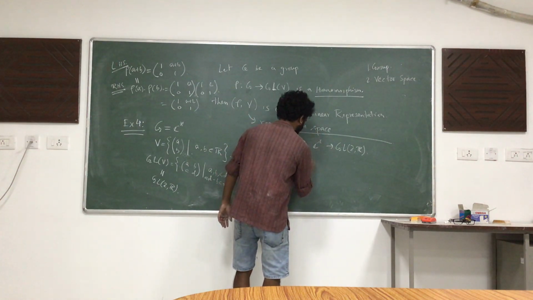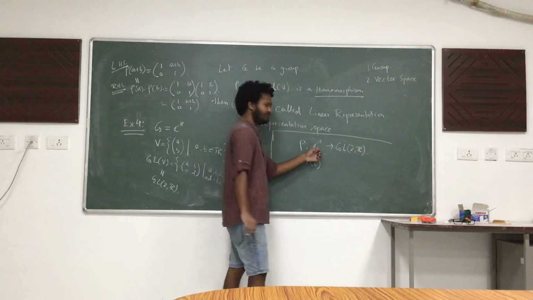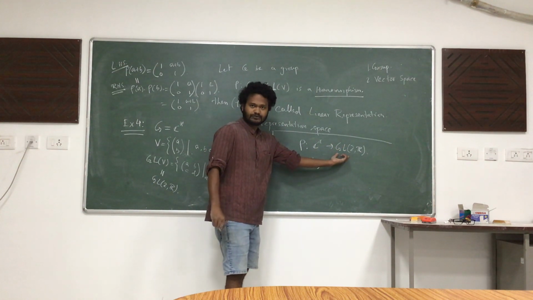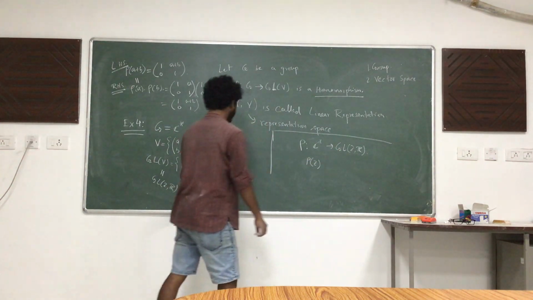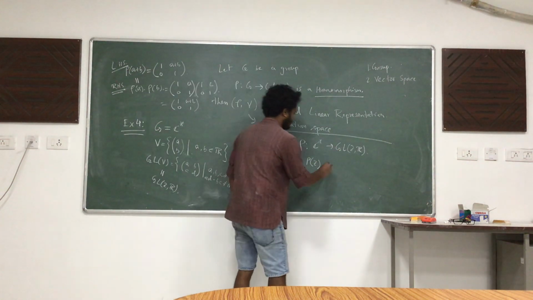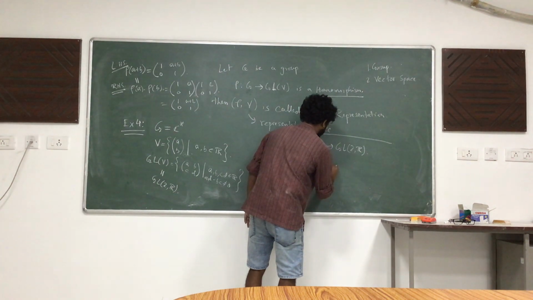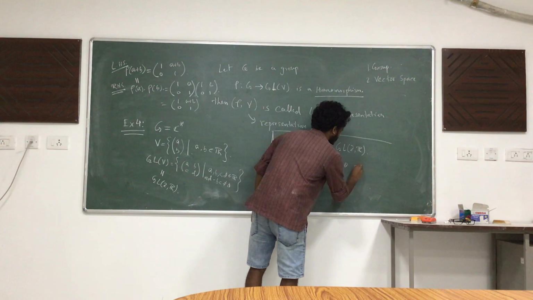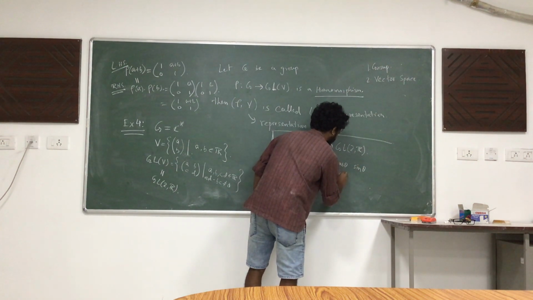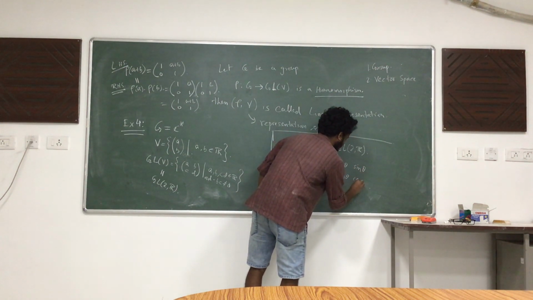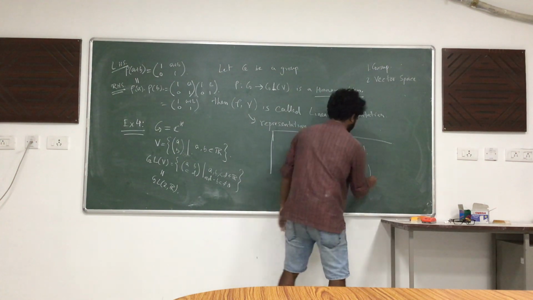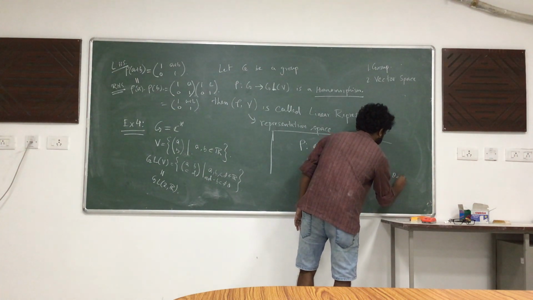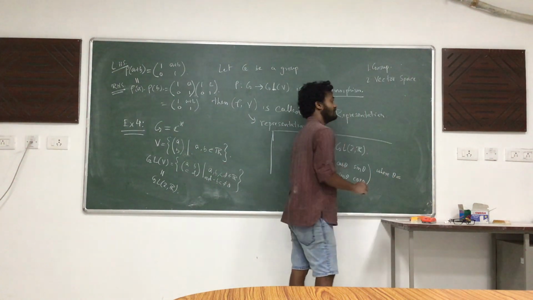The representation will take some number from this and send it to some 2 cross 2 invertible matrix. So this is, let us say, cos theta, theta is, what is this called?